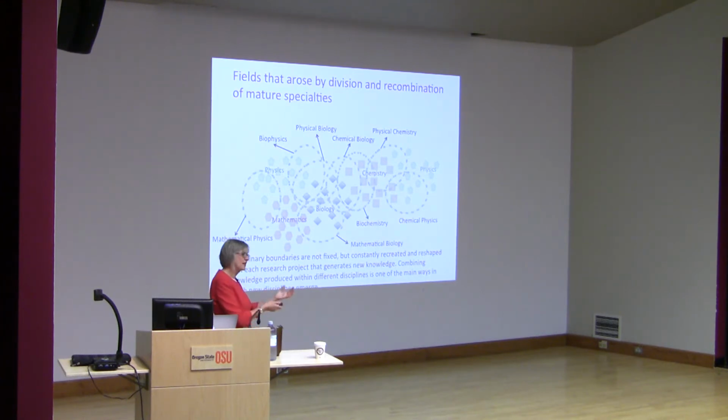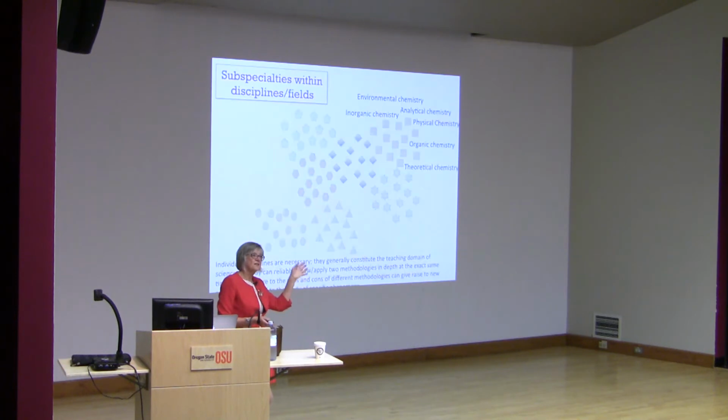And the knowledge that is created by these hybrid disciplines, again, reshapes the whole landscape here. Now, those fields, as the hybrid disciplines that arose by the division and recombination, are different from what are traditionally the subspecialties in the different disciplines.